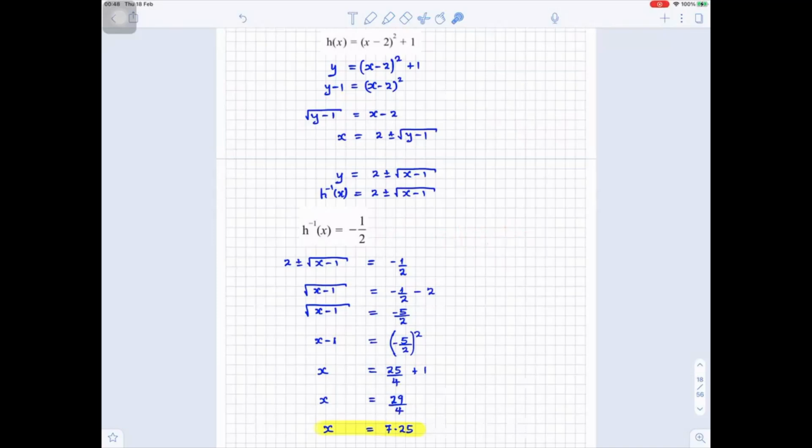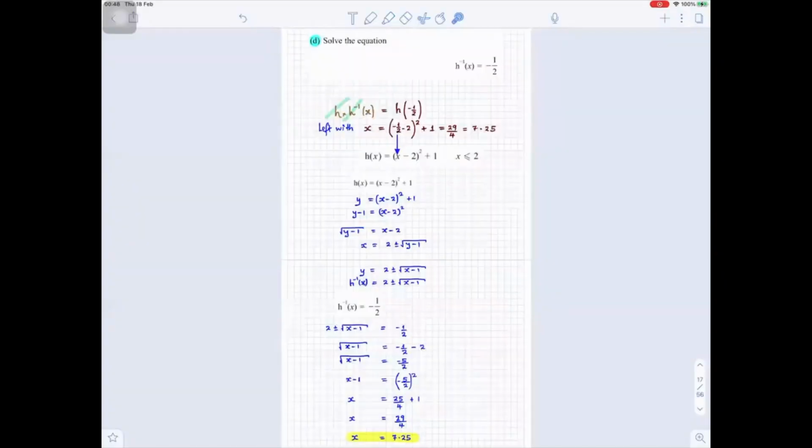And if you notice, your answer of 7.25 there is the same as this 7.25 there. It's the same. So this way is quicker. This way is longer.